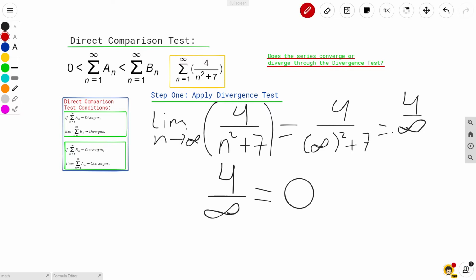Now that we know that it passes the divergence test, the next step, step 2, is to apply the direct comparison test.